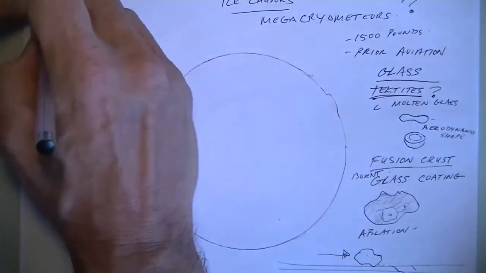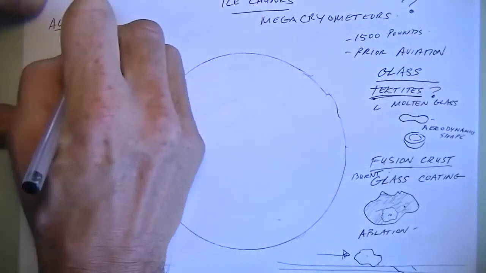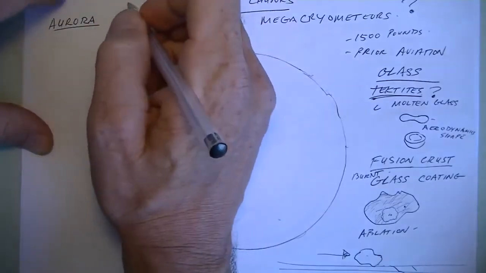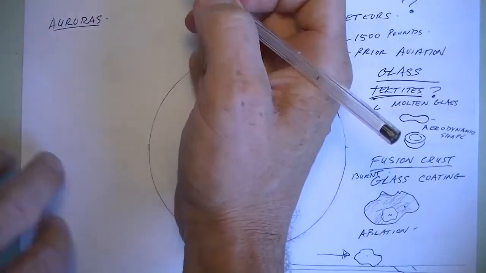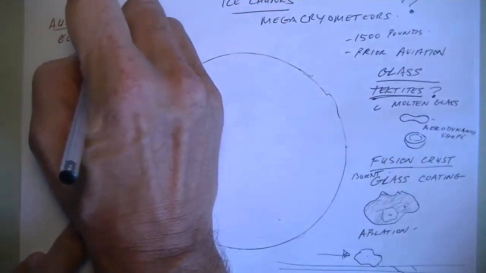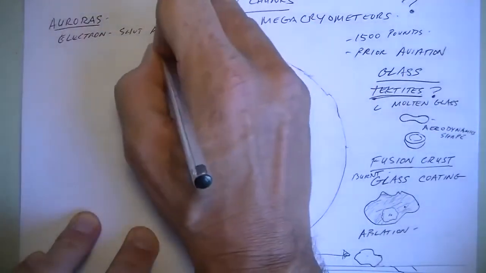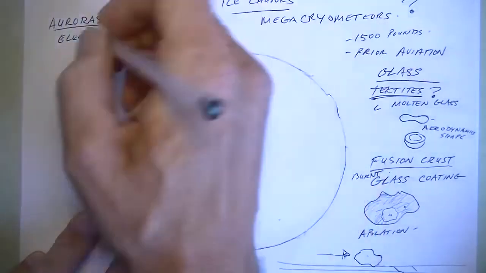Move on over here, another piece of evidence that there's glass in the sky. Auroras borealis, okay, or auroras australis, however you say that. Auroras are a direct result of electrons being shot at glass, at an obstacle.